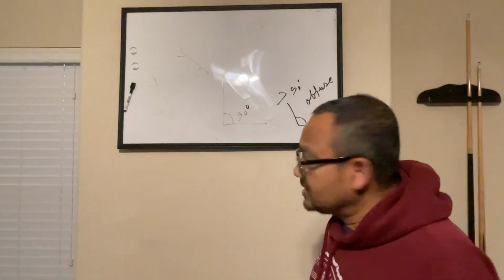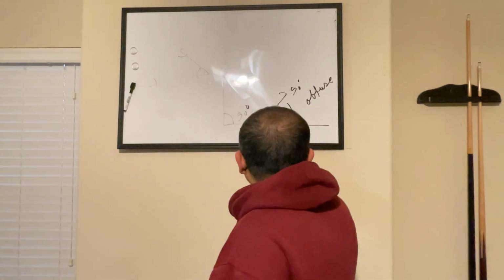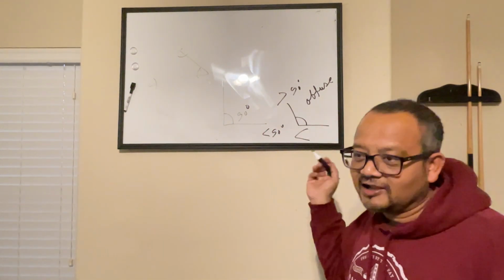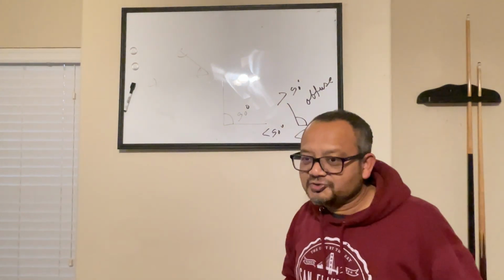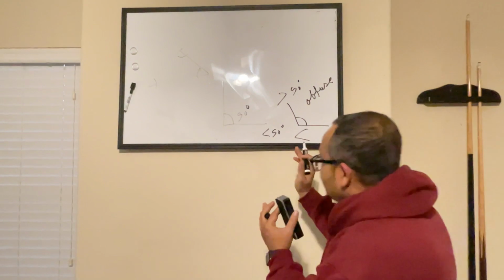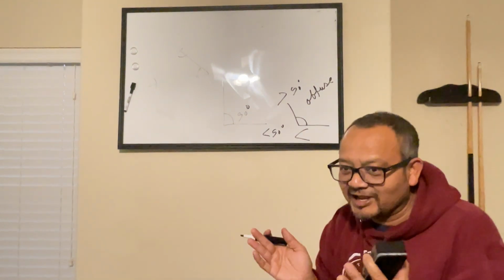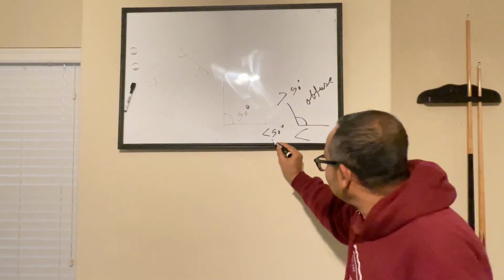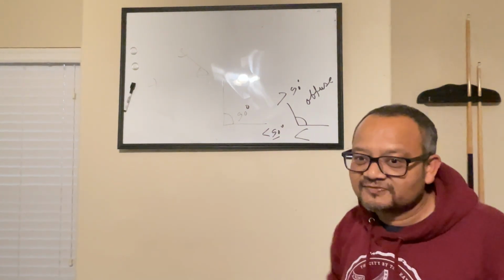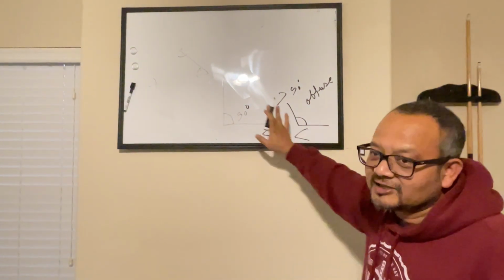If the angle is less than 90 degree, acute. I like this name, acute, something which is cute, meaning small. An acute angle is smaller than 90. 90 is your reference frame. So that's how you can remember this.